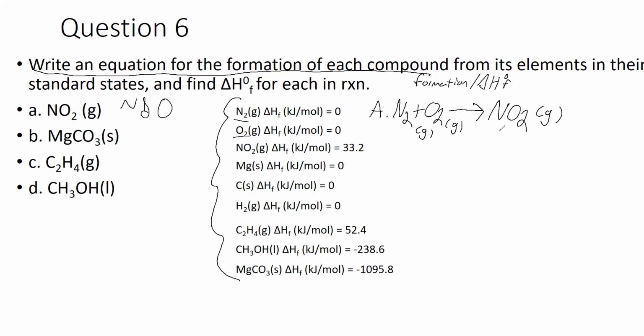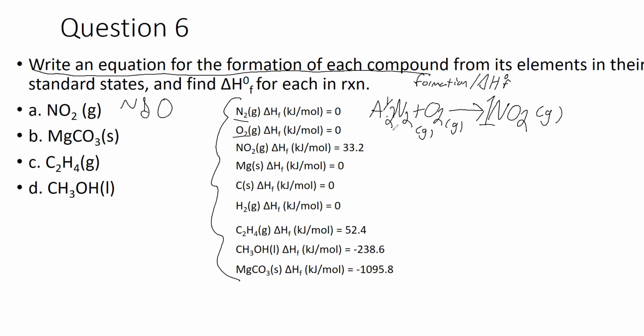To balance this, I have 2 oxygens on the right, 2 oxygens on the left. That's fine. 1 nitrogen on the right, 2 on the left. That's not fine. In any other chemical reaction, you would put a 2 in front of the NO2 and then balance out the oxygens. However, like I said, this is going to stay at 1.